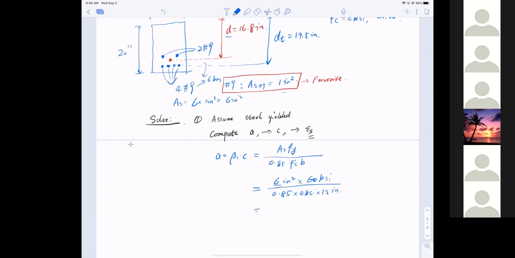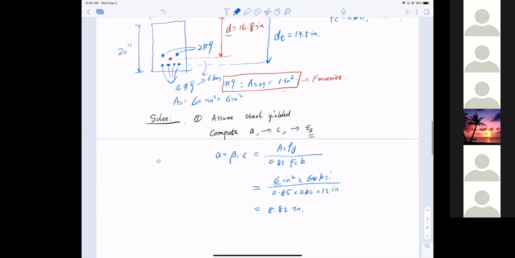Then I get a number of 8.82 inches, and that's the effective compressive zone.